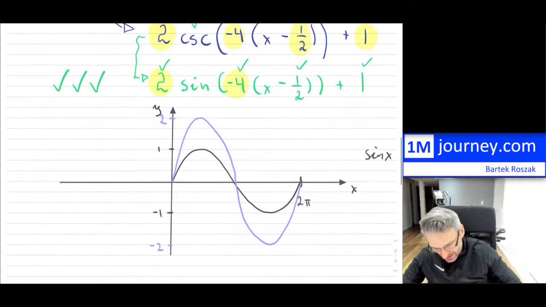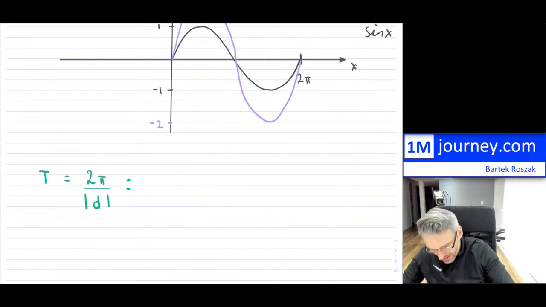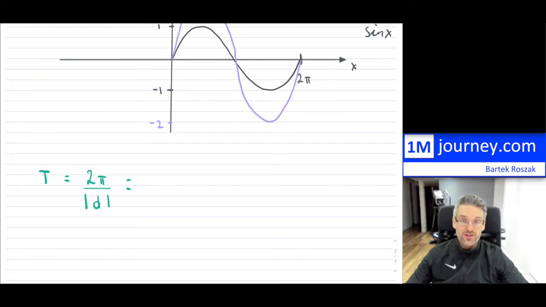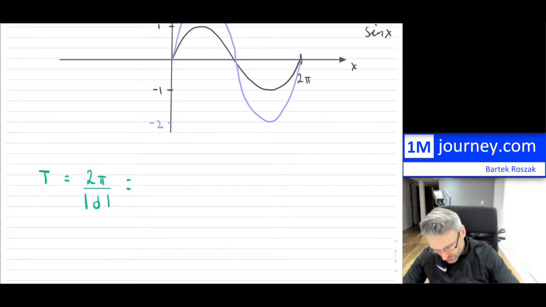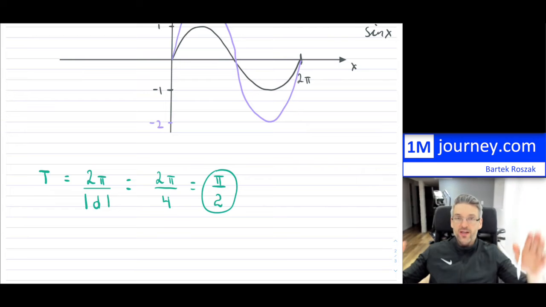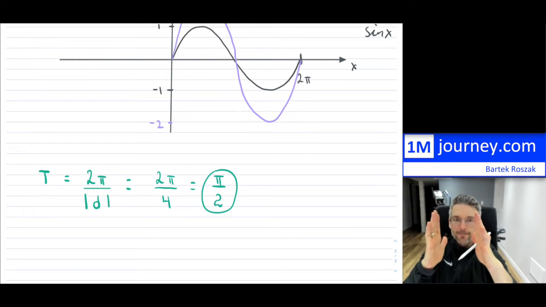In that d, it is -4. The negative means there's going to be a reflection, which is fine, but it also is going to shrink our period. So our period is going to be 2 pi divided by the absolute value of -4. It's going to shrink our period to pi over 2. It's going to compress this thing in.